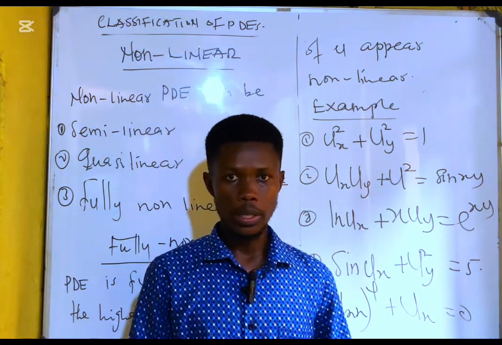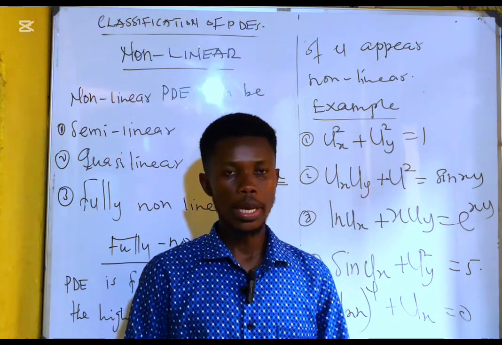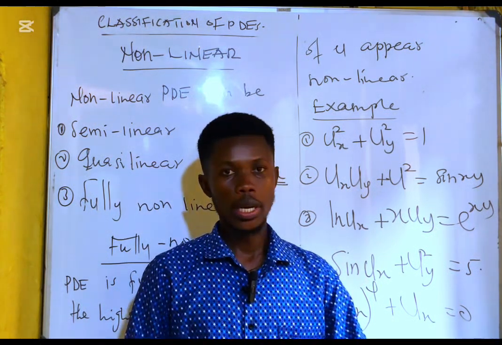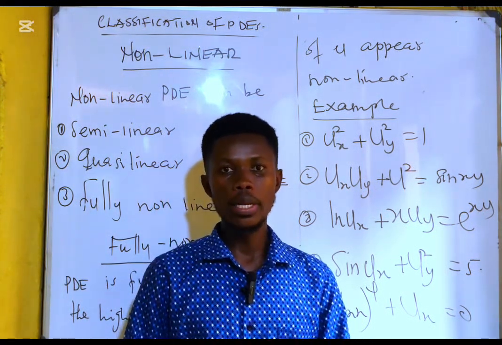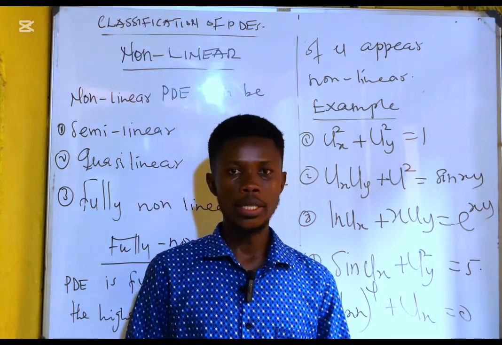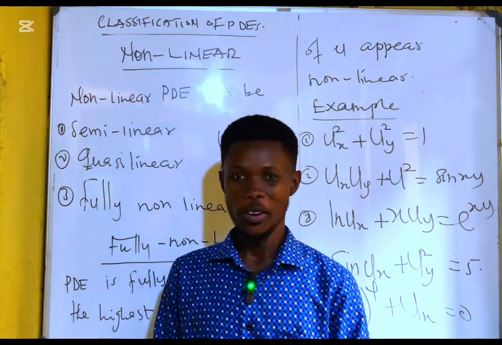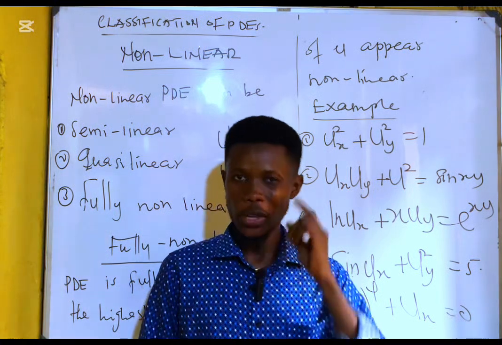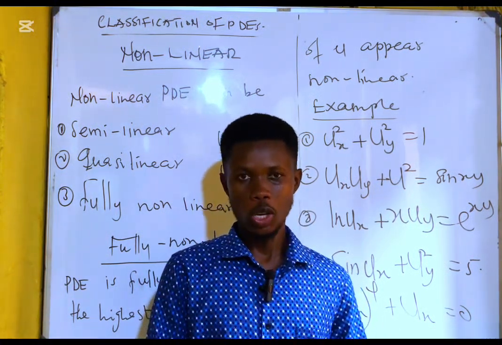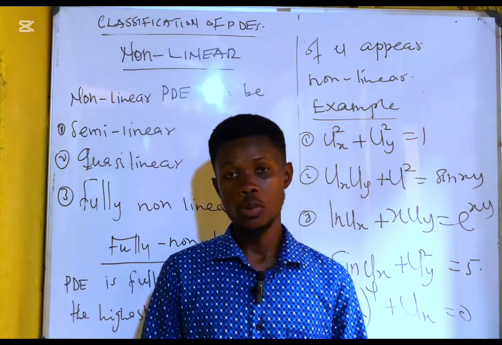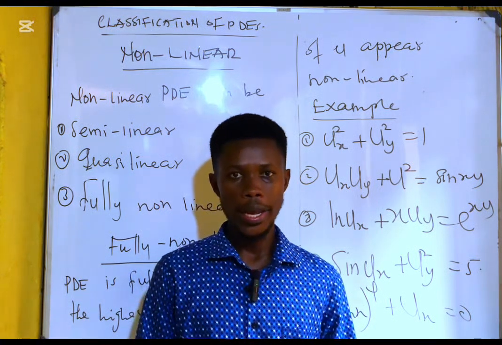Now let me explain something here again. You looked at semilinear. You also looked at quasi-linear, then nonlinear, where you said that semilinear is when the nonlinearity occurs on the unknown function, and the quasi-linear is the product of the higher order derivative and that of the unknown function, and that the fully nonlinear is when the nonlinearity occurs on the highest order.